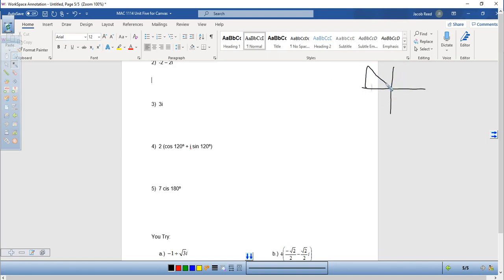Talking about 120 degrees, that's over here, which means that this is a reference angle of 60. So this is square root of 3, this is negative 1, this is 2. Cosine of 120 is negative 1 over 2. And sine of 120 degrees is square root of 3 over 2.